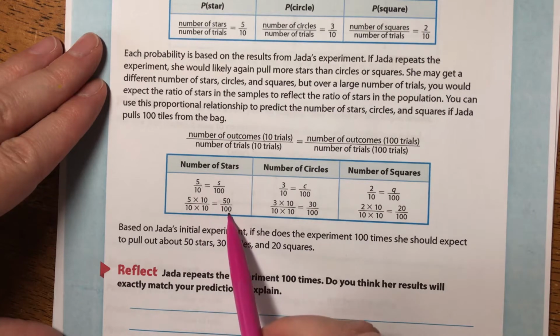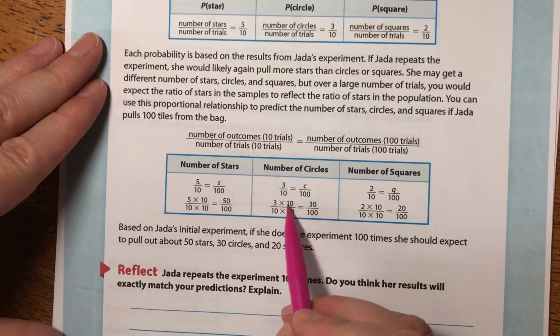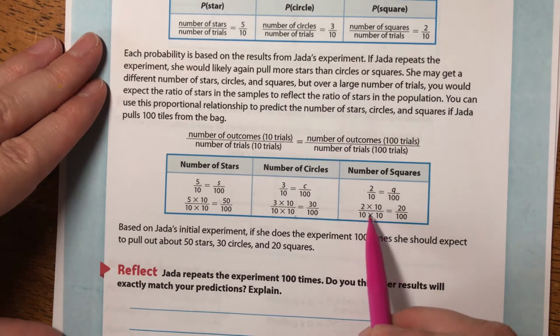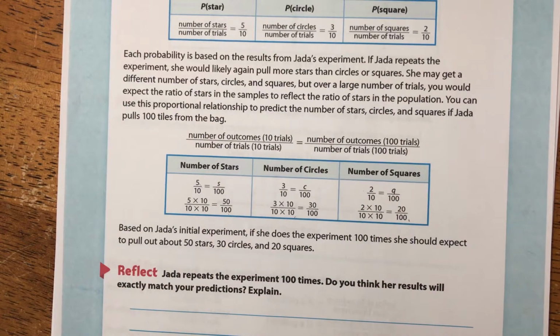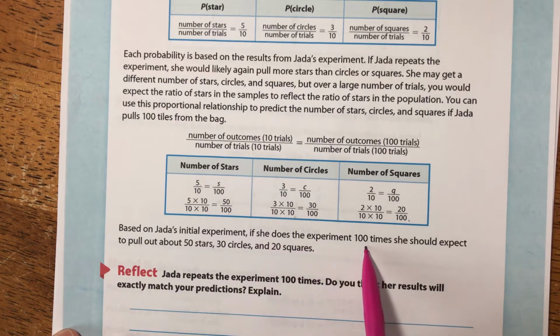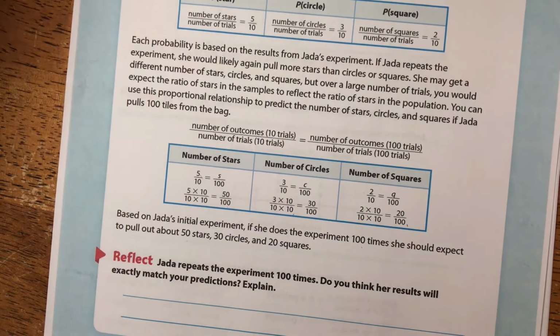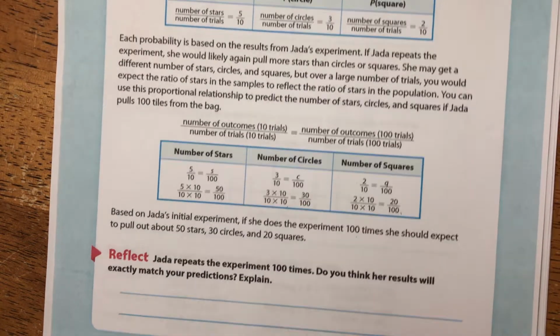So 5 over 10 is 50 over 100. 3 over 10, multiplying both by 10, is 30 over 100. And 2 over 10, multiplying both by 10, is 20 out of 100. So based on the initial experiment, if she does this experiment 100 times, she should pull about 50 stars, 30 circles, and 20 squares. Now, let's say Jada repeats the experiment 100 times.